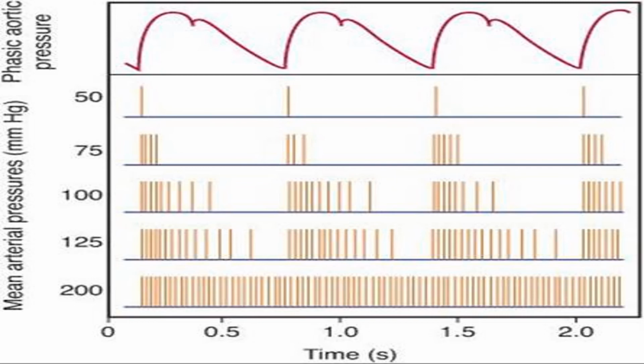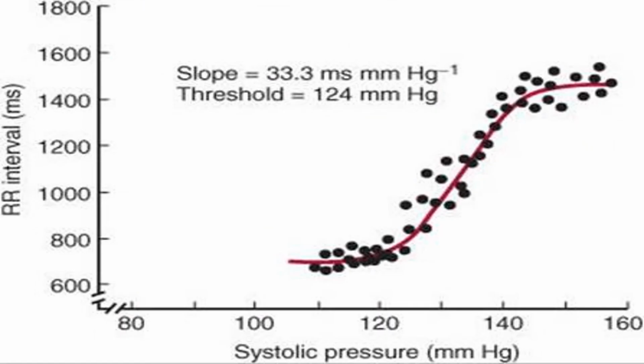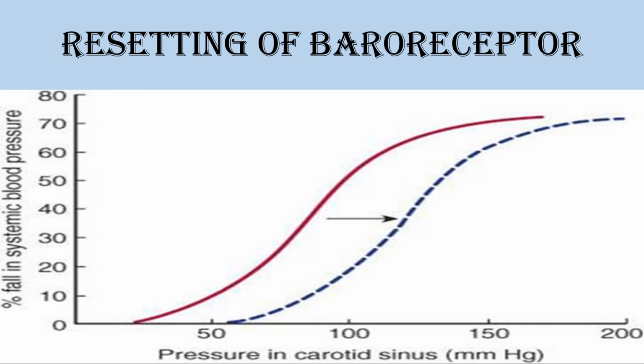At these lower pressures, the overall firing rate is considerably decreased. Now we should know something about resetting of baroreceptors. In chronic hypertension, the baroreceptor mechanism is reset to maintain an elevated rather than a normal blood pressure.